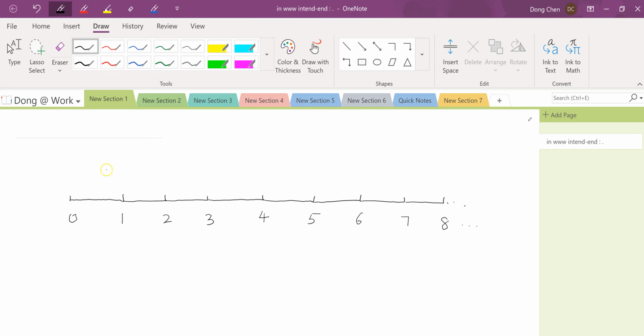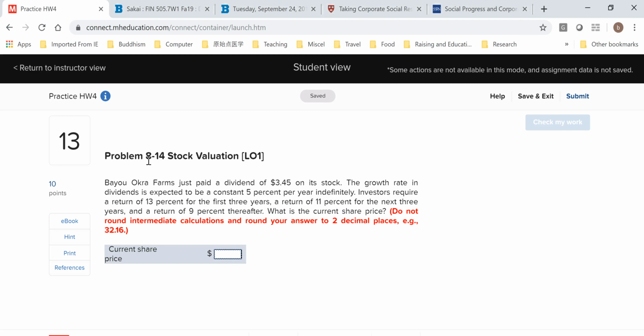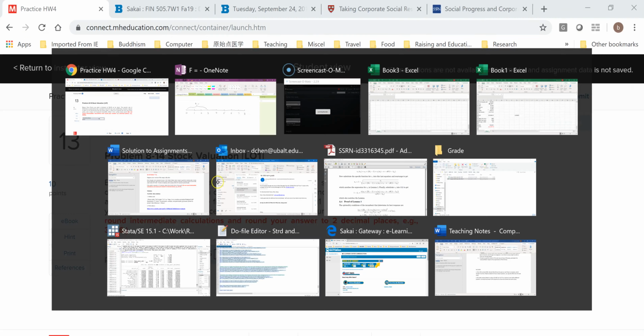And the question tells us that for the first 3 years, that R, let me call this R1, equals, let's go back to the setup. The investors require a return of 13% for the first 3 years.